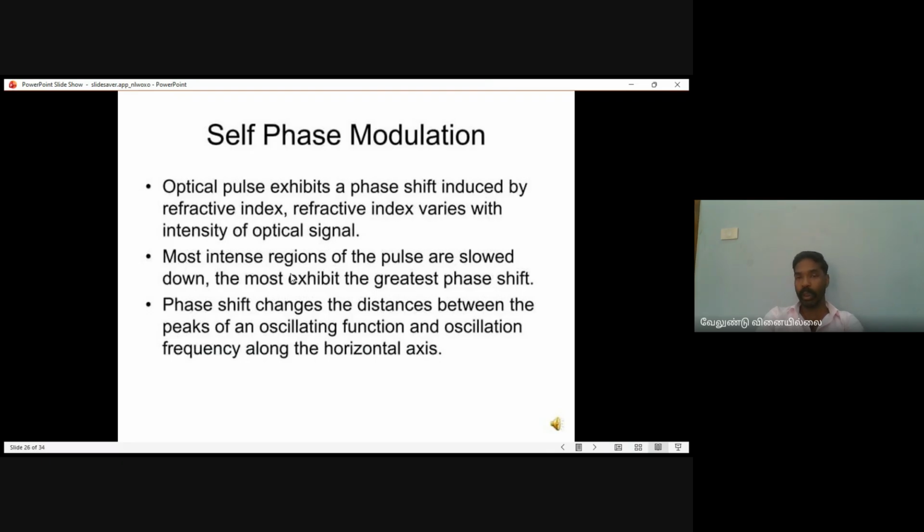So the most intense signal produces the most phase shift. The intensity of the optical signal and the phase shift of the signal are directly proportional to each other. The phase shift changes the distance between the peaks of an oscillating function, the oscillating frequency also.